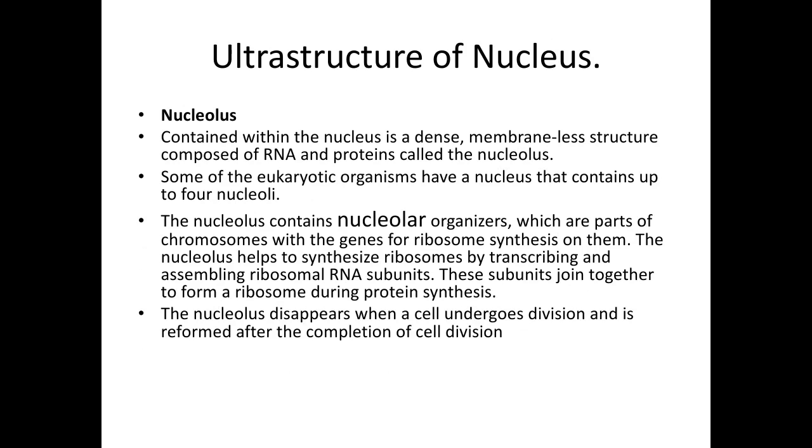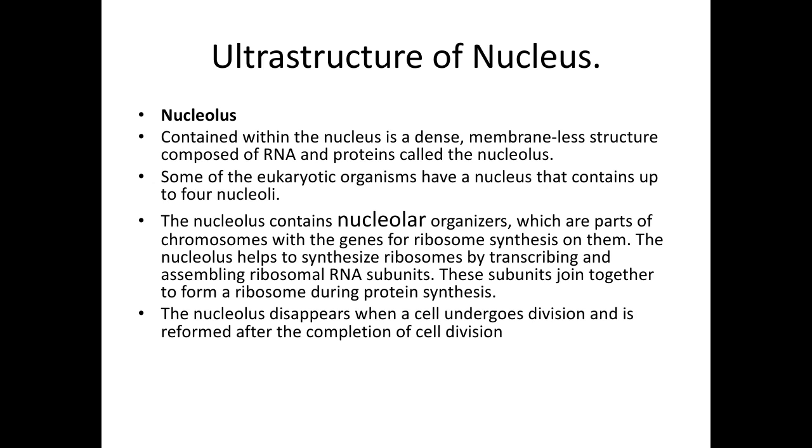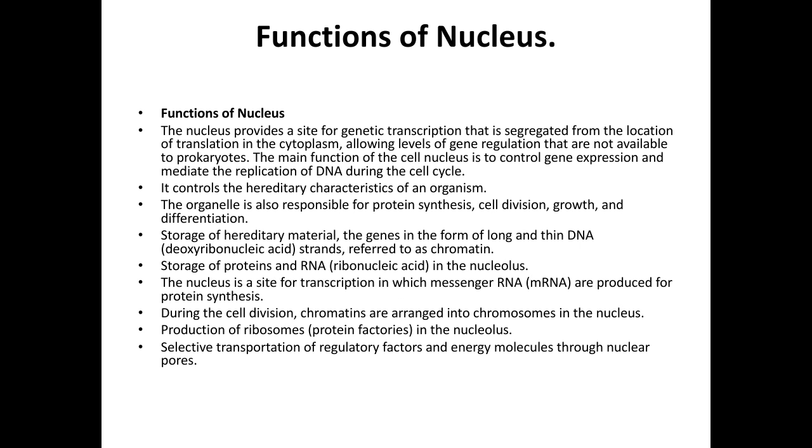The nucleolus disappears when a cell undergoes division and reforms after the completion of cell division. Functions of the nucleus. The nucleus provides a site for genetic transcription that is segregated from the location of translation in the cytoplasm, allowing levels of gene regulation that are not available to prokaryotes.